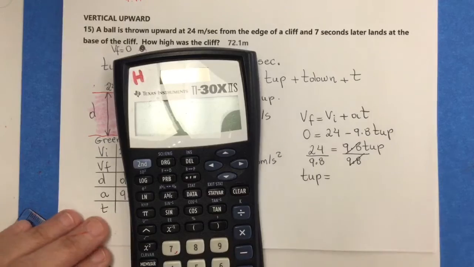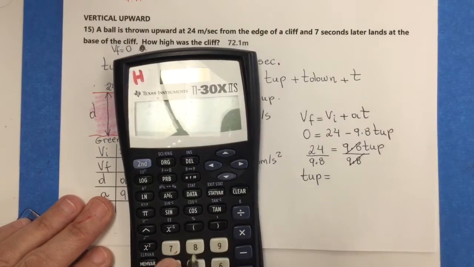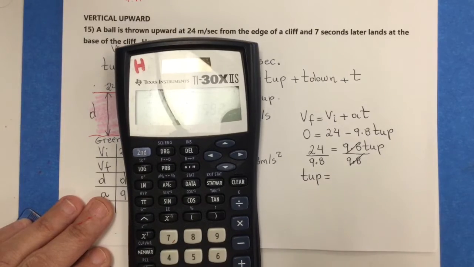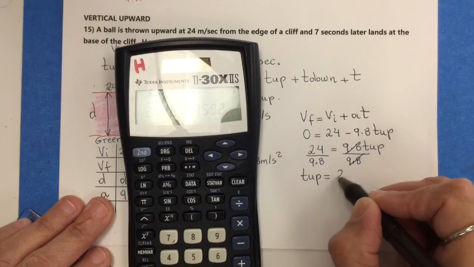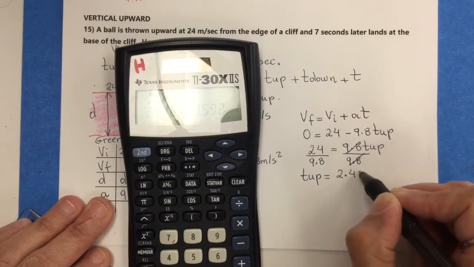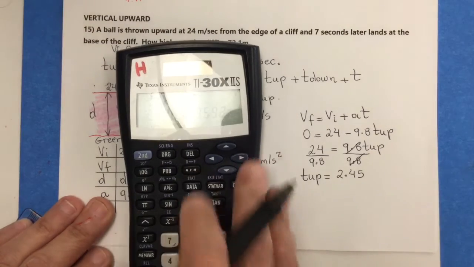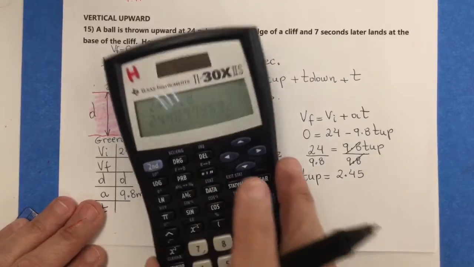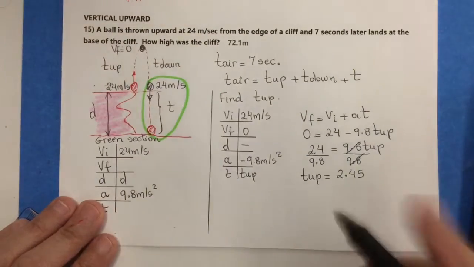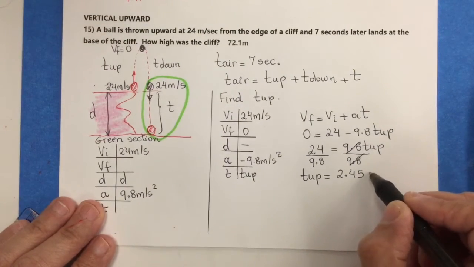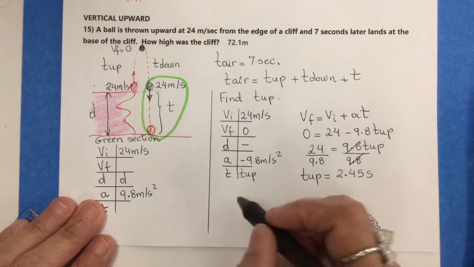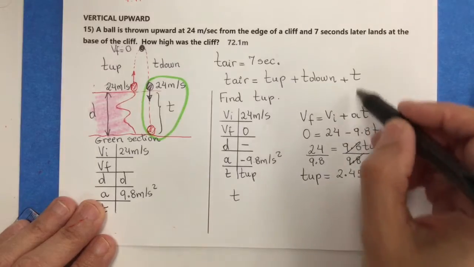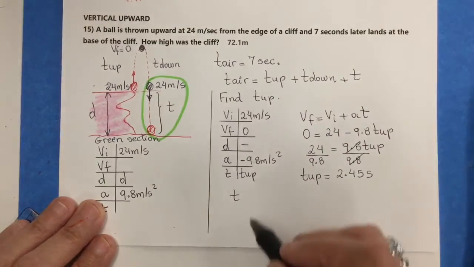So our T up is 24 divided by 9.8, which is 2.45, let's say. So 2.45 seconds. So now we are going back to this equation here.